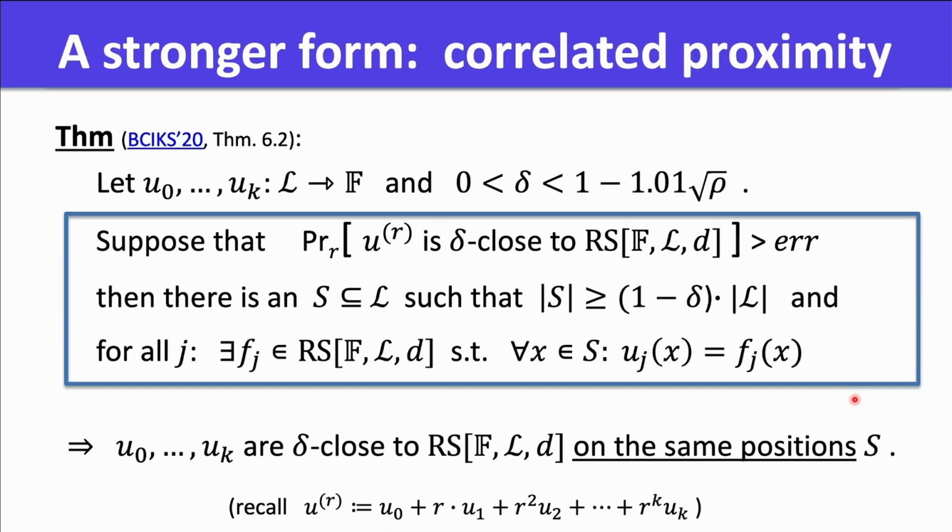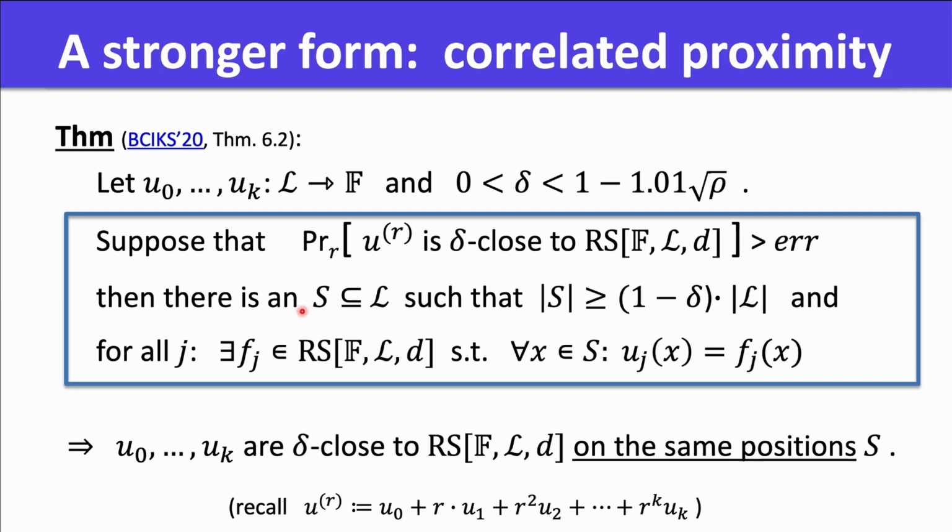Now it turns out the proximity gap theorem is a little stronger than what I said, and this strengthening is actually quite important for what's coming. What the theorem says is that not only do we know that if u superscript r is delta close to the code, then all u0 to uk are delta close.